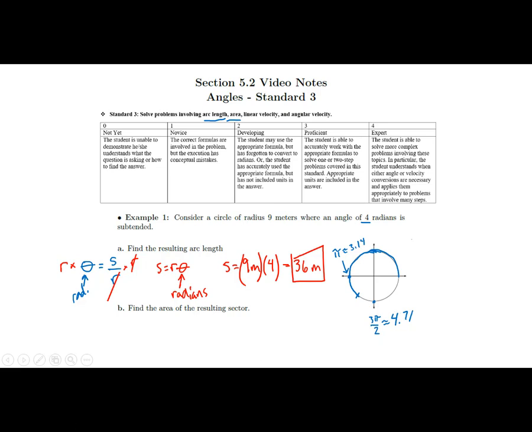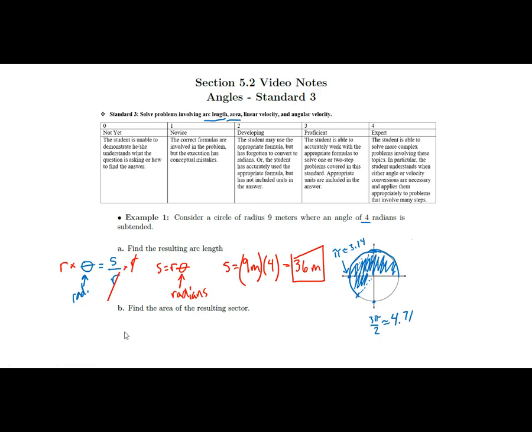All right, so let's take a look at part B. It asks us to find the area of the resulting sector, so that means we're talking about this area here, and I'll draw a little line there. We're trying to find the area of that region.